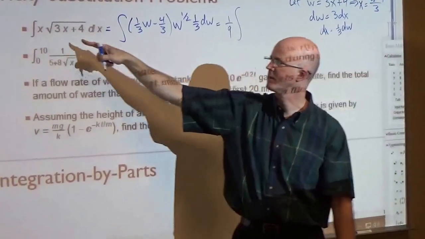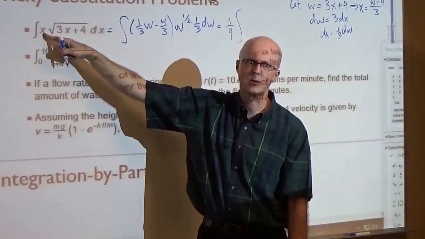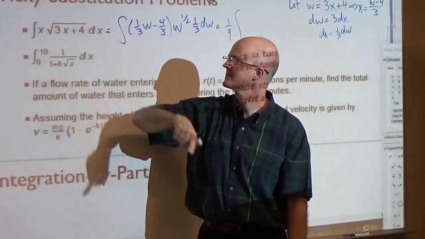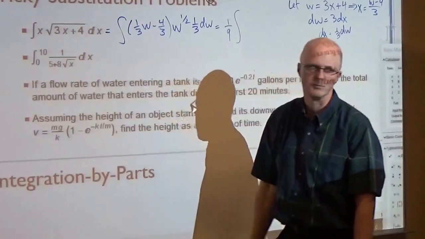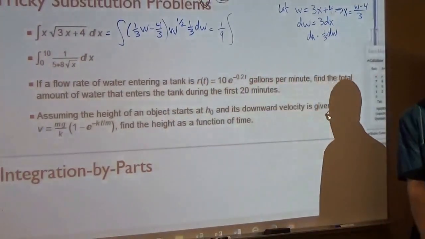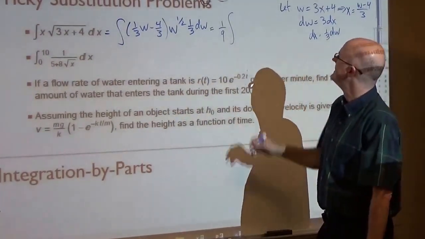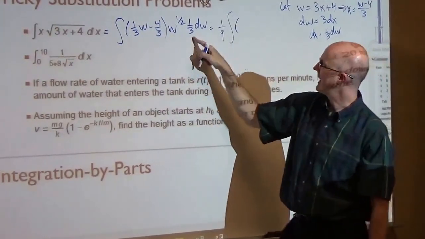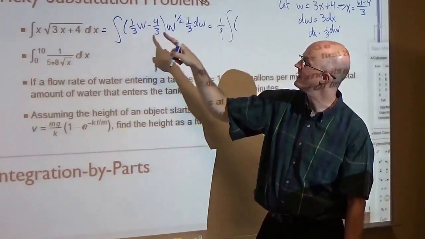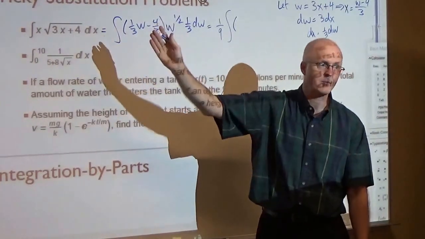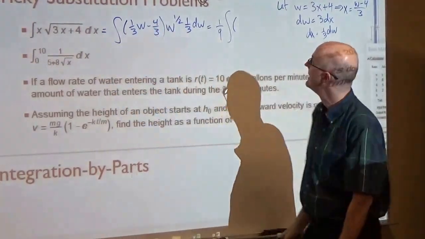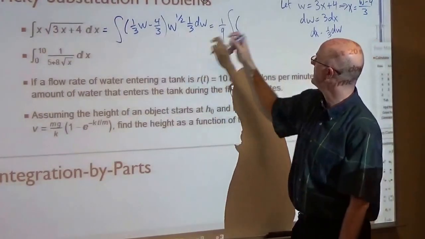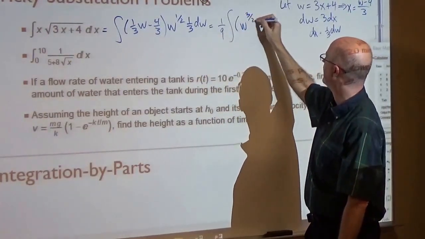You can't really distribute through here. I mean, you could treat the x as square root of x squared, at least when x is positive, and perhaps bring it under the square root, but that doesn't necessarily seem helpful. Yeah, distribute it through. I factored out that 1/3, and this 4/3 with a 1/3 factored out becomes a minus 4. w times w to the 1/2 is w to the 3/2.